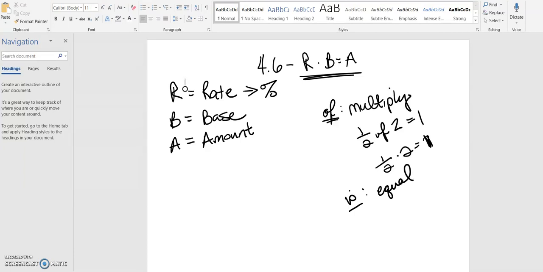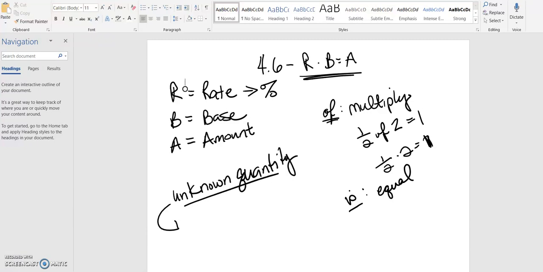And the other thing is, if we have an unknown quantity, what do we use? We use some variable. Let's call it X or Y or Z. Again, it doesn't matter. A variable is simply a placeholder for something that I don't know.